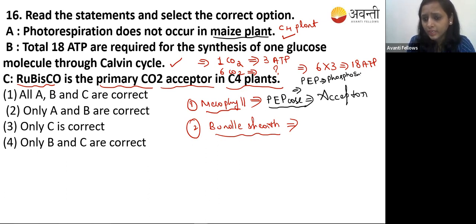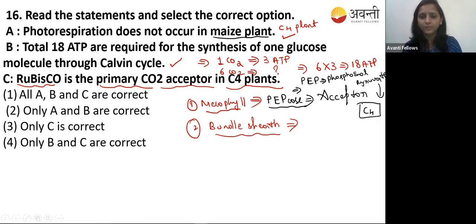Phosphoenol pyruvate accepts the carbon dioxide and then converts into the C4 compound. So the statement that Rubisco is the primary carbon dioxide acceptor in the C4 plant is not correct.